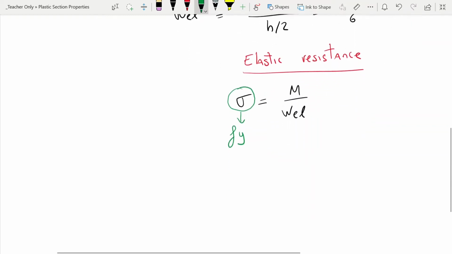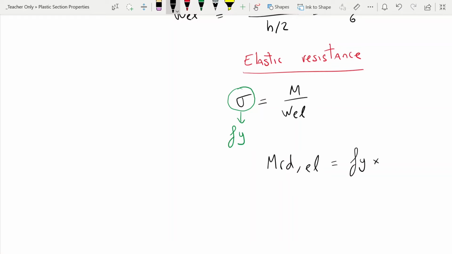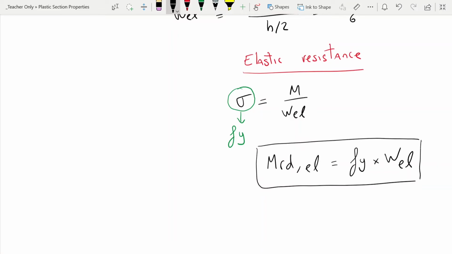So if we do that, we can say that the elastic MRd, so let's do like this, MRd elastic, so the resisting moment in the elastic stage is nothing more than Fy times the elastic section modulus. And this gives us the moment that a given section can resist in the elastic range.